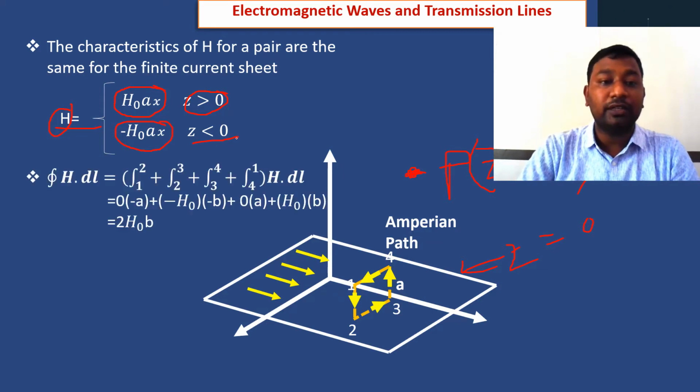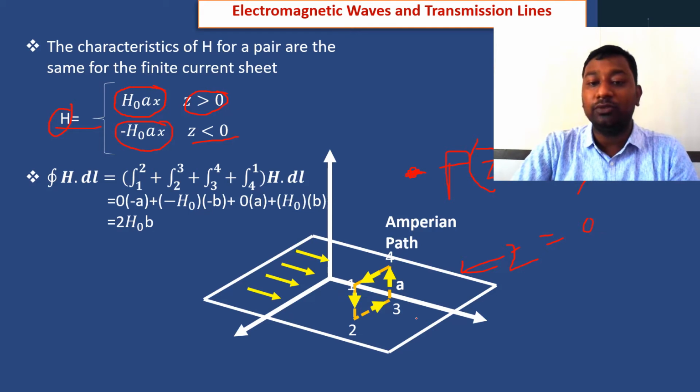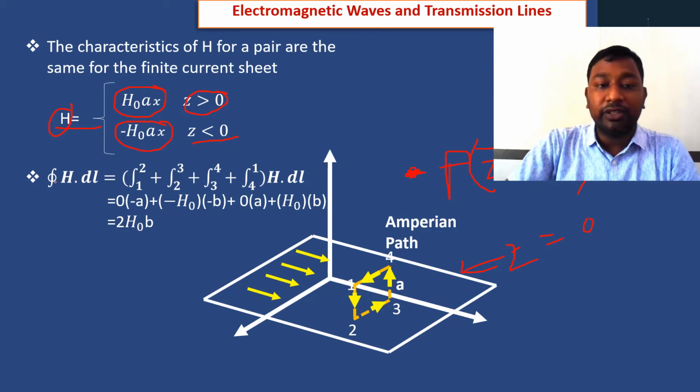Now we are considering the Amperean path 1, 2, 3, 4, 1. So we can find the closed integral of H dot dl from 1 to 2, then 2 to 3, 3 to 4, 4 to 1. For 1 to 2, the H has a perpendicular component of 0.